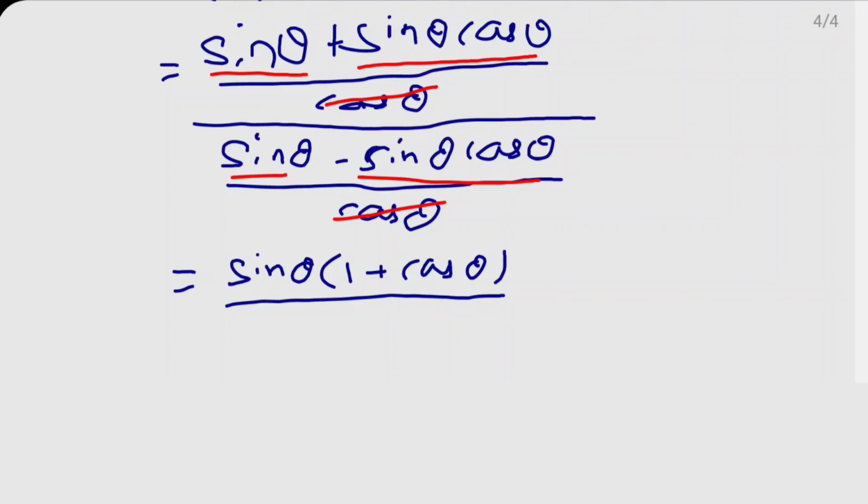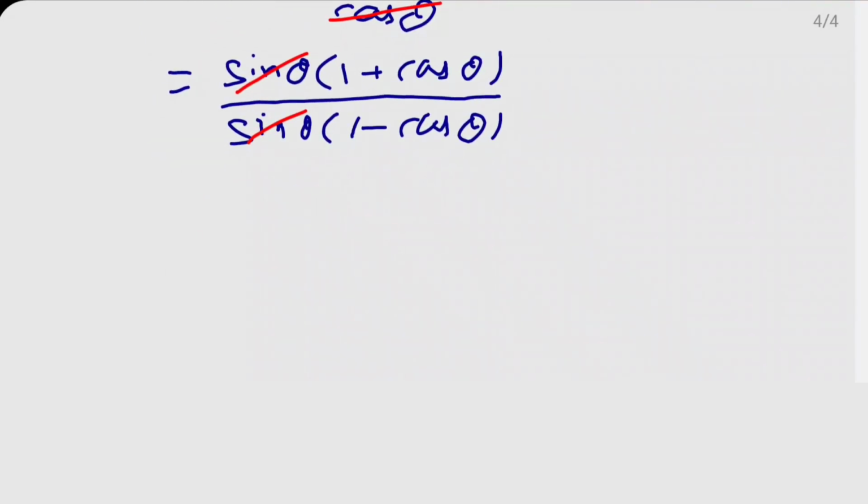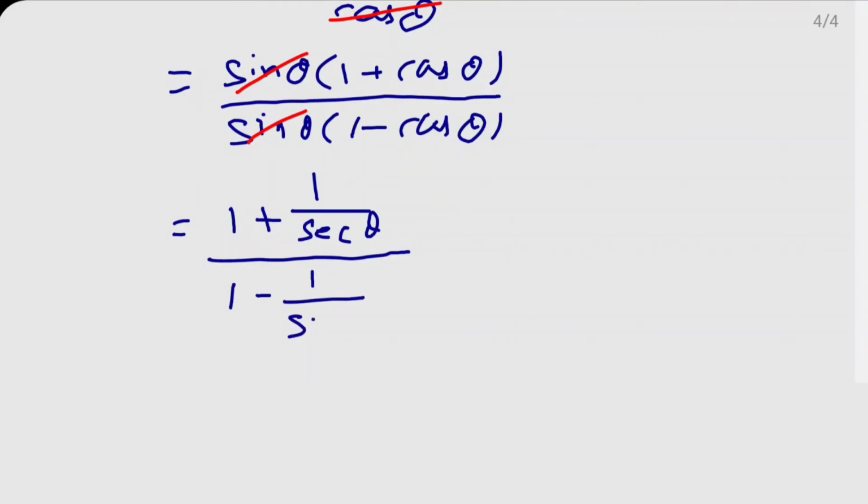So here sin theta comes outside, so remaining term 1 minus cos theta. Yes, sin gets cancelled. The next remaining terms here, 1 plus cos theta we can write 1 divided by sec theta, so this divided by 1 minus cos theta, so cos we can write 1 divided by sec theta.